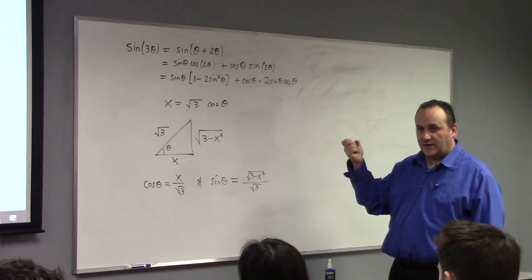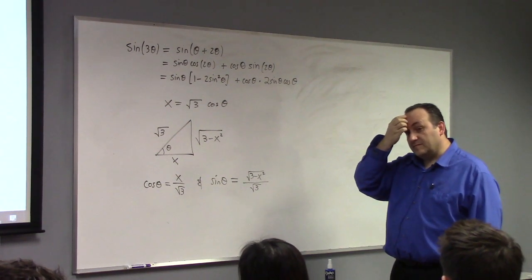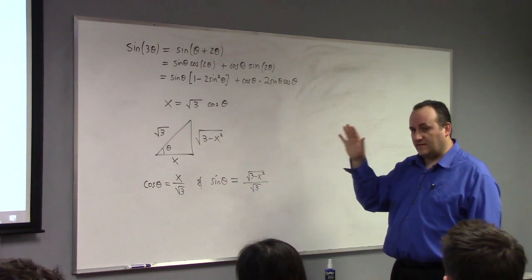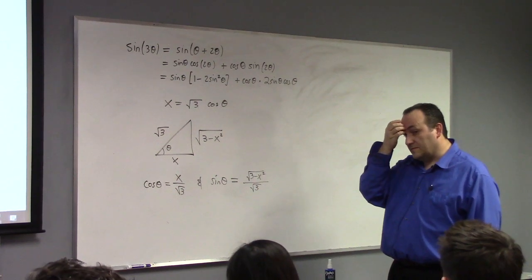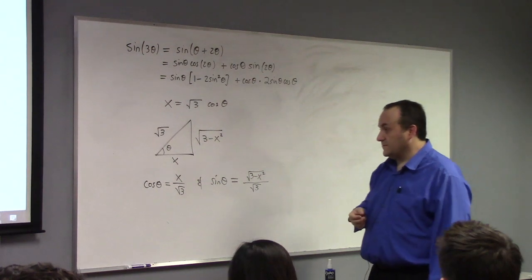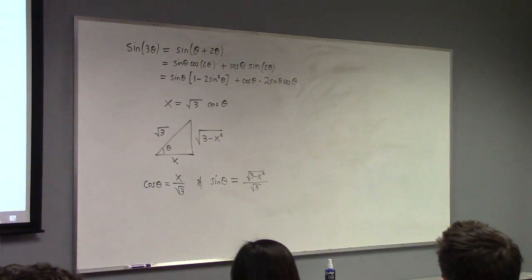Its period is 2 pi over 3, whereas sine theta has a period of 2 pi. So they're not related as a scalar multiple of one another. Sine 3 theta wiggles 3 times every time sine wiggles once, so in terms of density of wiggles, sine 3 theta is a different animal.